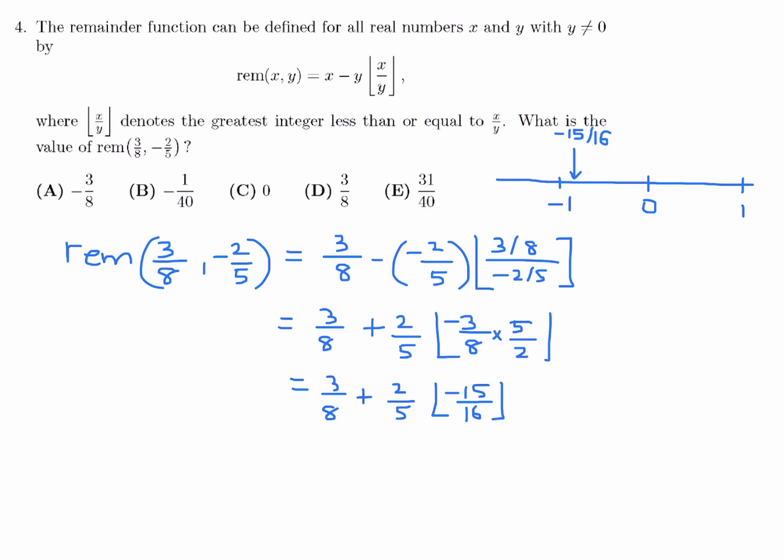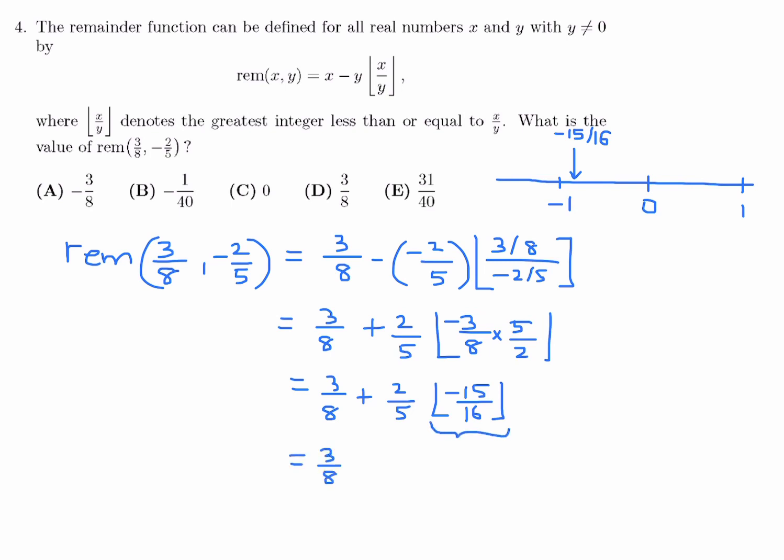It's 0.93, or something. But what's important is this definition: the greatest integer less than or equal to x over y. Well, the greatest integer less than or equal to x over y would be negative 1. So that means this is negative 1.